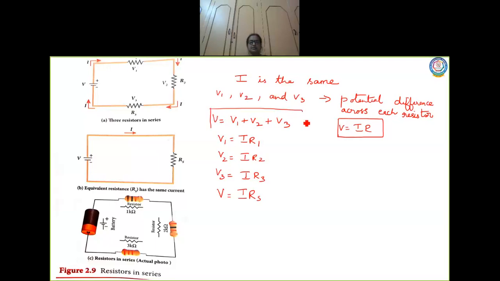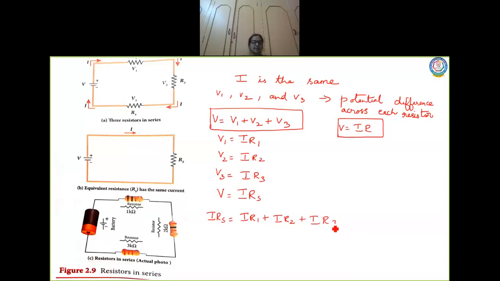So V is equal to I into Rs, V1 equal to I into R1, V2 equal to I into R2, and V3 equal to I into R3. So let me substitute V as I into Rs equal to I into R1 plus I into R2 plus I into R3.